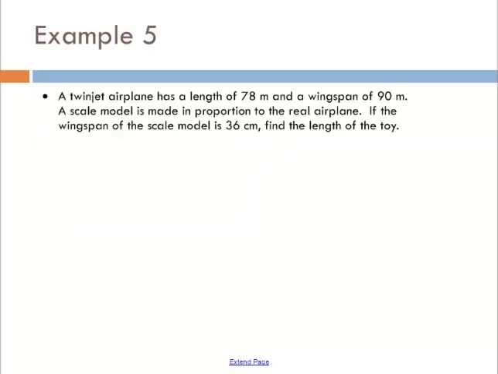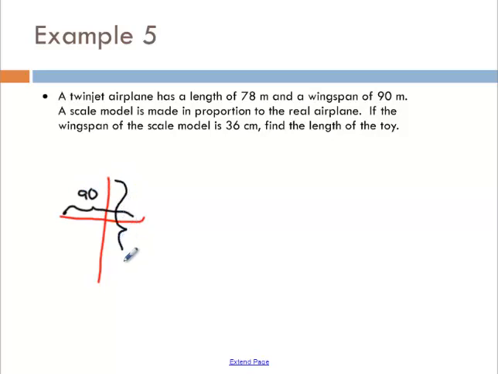Now let's put this into a real problem. A twin jet airplane has a length of 78 meters and a wingspan of 90 meters. A scale model is made in proportion to the real airplane. If the wingspan is 36 centimeters, find the length of the toy. So you have the wingspan and the length. The wingspan of the real airplane is 90 meters.